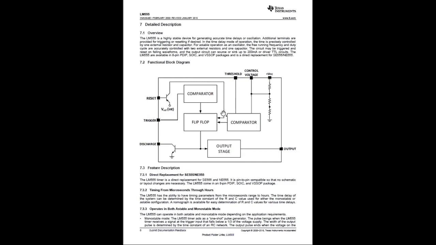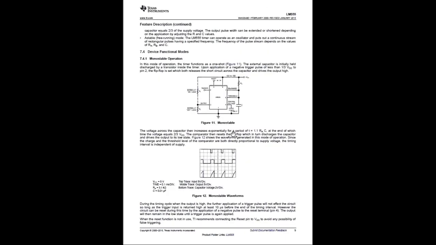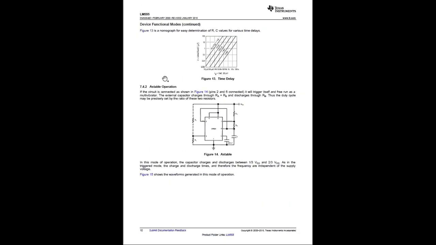Here we have the functional block diagram of this component, so we can refer to it and understand how it works. And they also add some application circuit details. So these are the application circuits or example circuits. This is an astable multivibrator circuit to turn the output on and off.